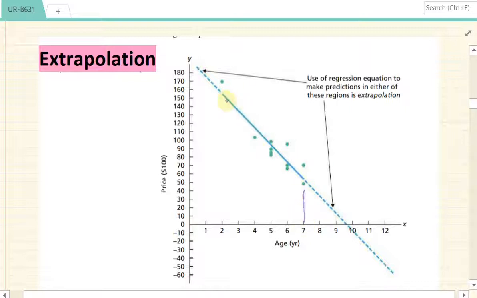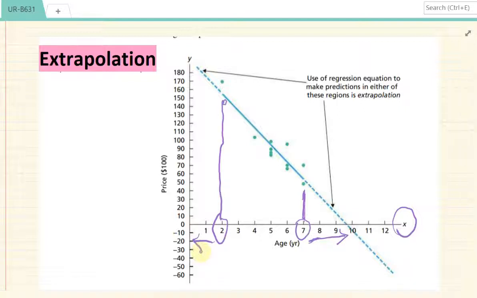So any values of the independent variable x that lie above 7, or anything that lies below 2, puts us in an extrapolation situation, and we are not allowed to extrapolate in regression. So the domain of x here is going to be 2 to 7.